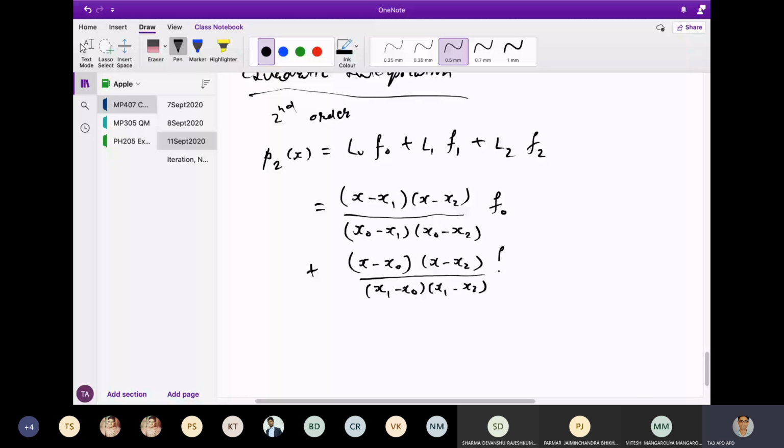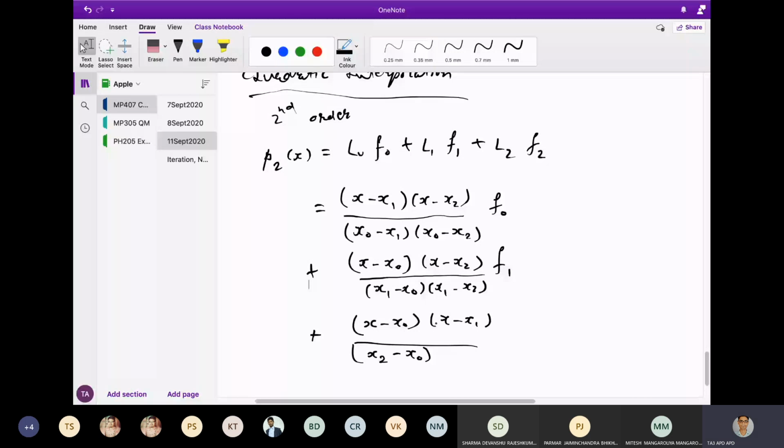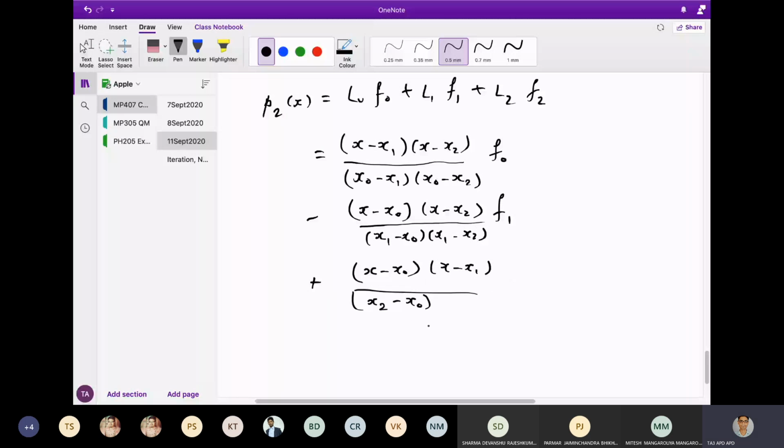And similarly the third one: x minus x0, x minus x1, divided by x2 minus x0, x2 minus x1.